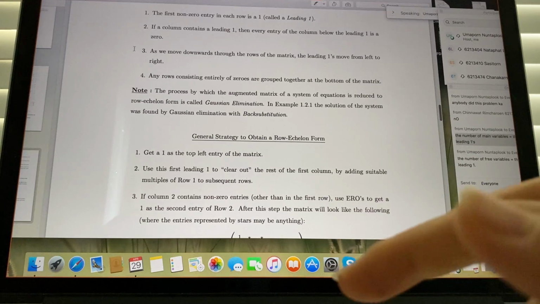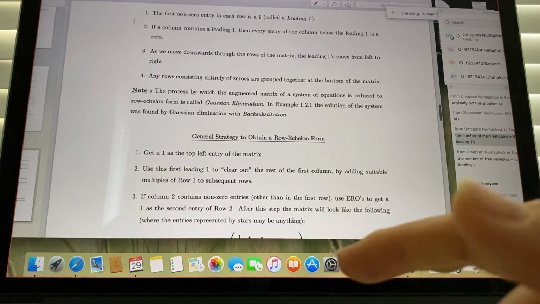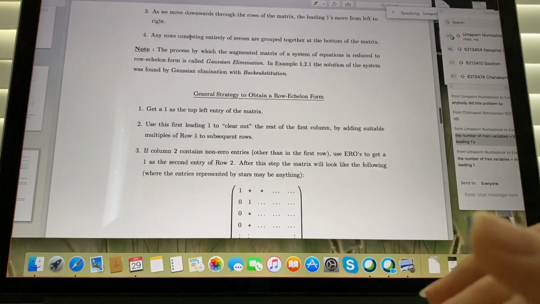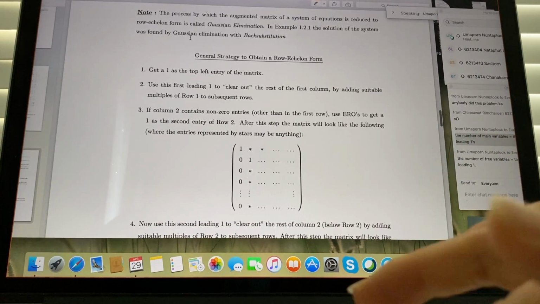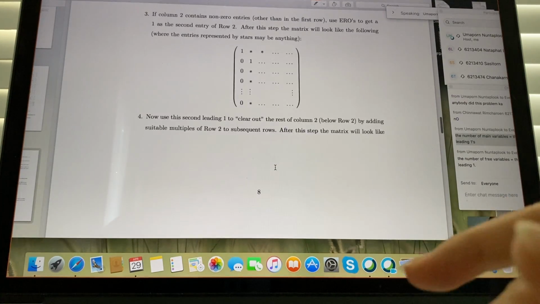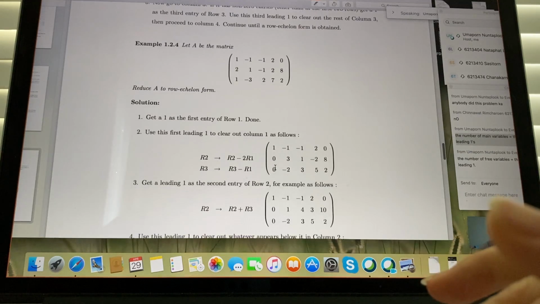If you can see these 4 properties satisfied in your matrix, then you say it is already in row echelon form. All right, and here will be the strategy that we talked about last time.